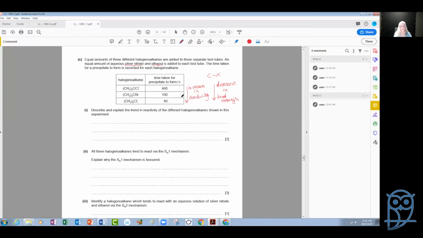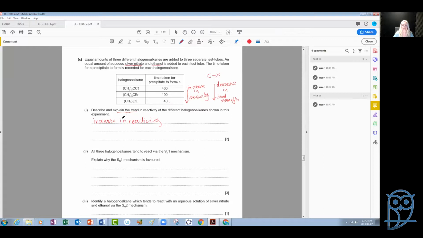Okay, so what can we say? We see an increase in reactivity down the column, down the group 7 elements. We try to explain now why. What do we see that explains the trend?